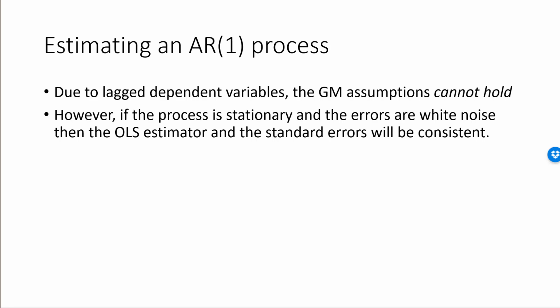However, you can actually show that even though the explanatory variable, which is the lagged dependent variable in this case, is not exogenous, it will still be the case that as long as the errors are white noise and the process is stationary, then the OLS estimator will be consistent, and the standard error estimates will be consistent as well.